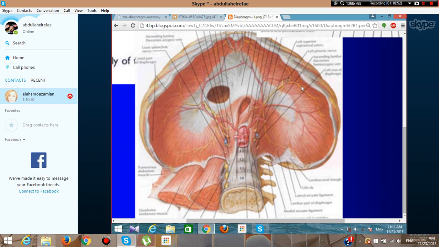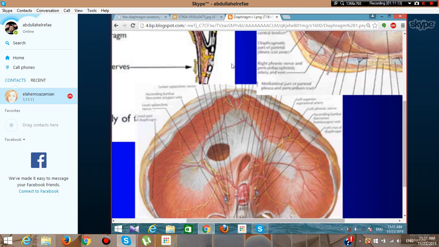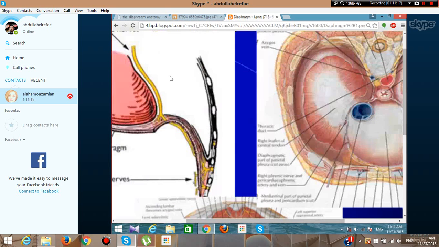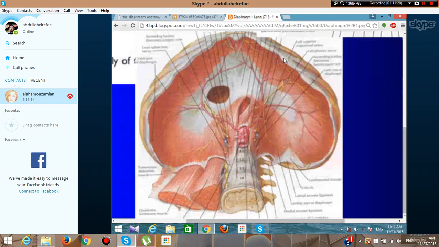Okay, what is the function of the diaphragm? It's a muscle of respiration, right? Okay, what about innervation of the diaphragm? Phrenic nerve. What about blood supply from the thoracic part? Which artery gives blood supply? Internal thoracic.